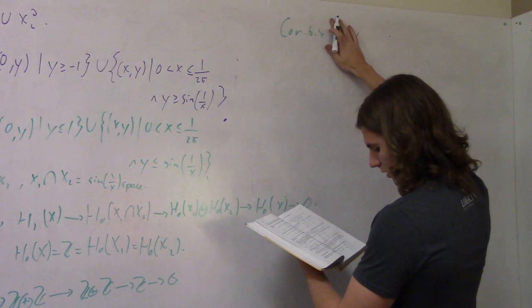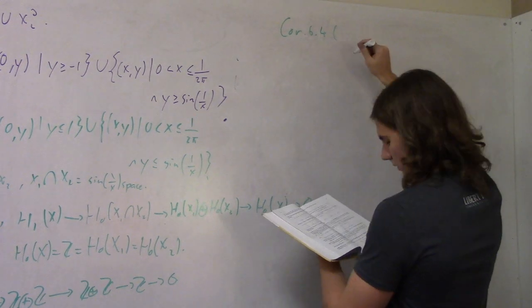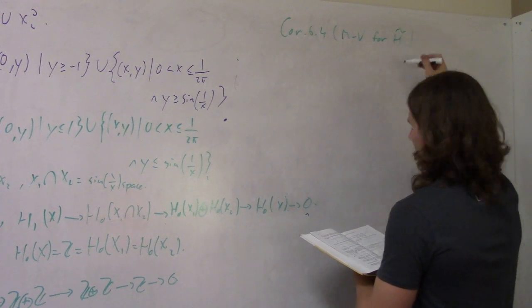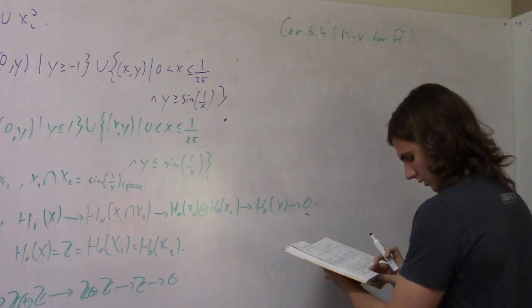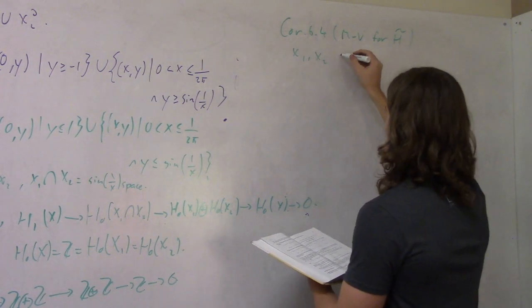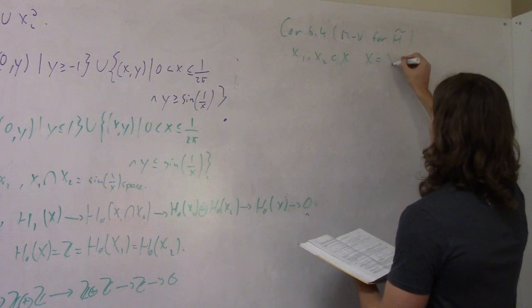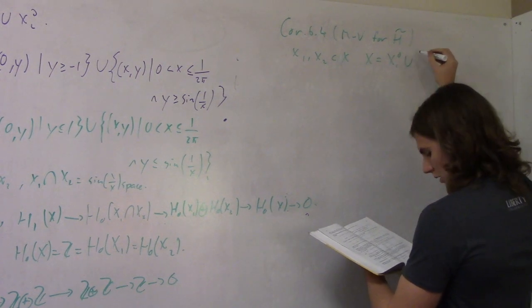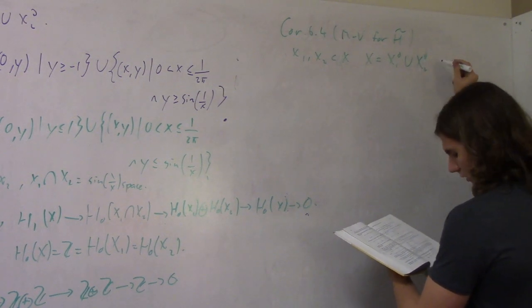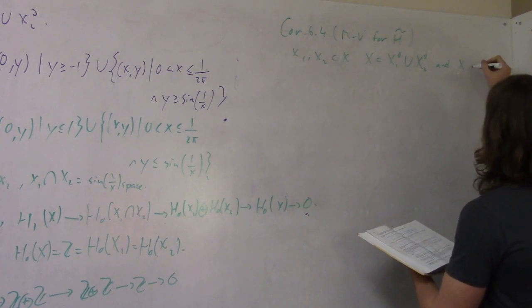So I guess, okay, this is for the Mayer-Vietoris homology. Okay, so if you have X1, X2 subspaces with X equals X1 union X2, same as before, union of the interiors, and these are actually disjoint.